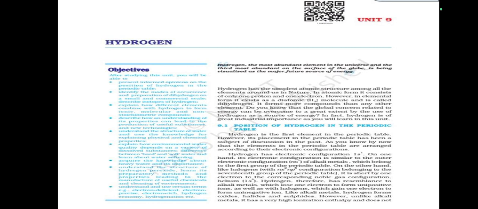As you know by now, the elements in the periodic table are arranged according to their electronic configurations. Hydrogen has electronic configuration 1s1. On one hand, its electronic configuration is similar to the outer electronic configuration ns1 of alkali metals, which belong to the first group of the periodic table.